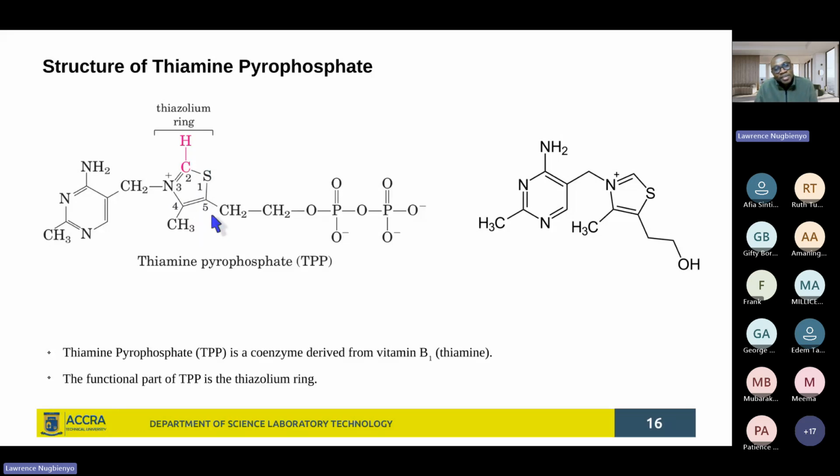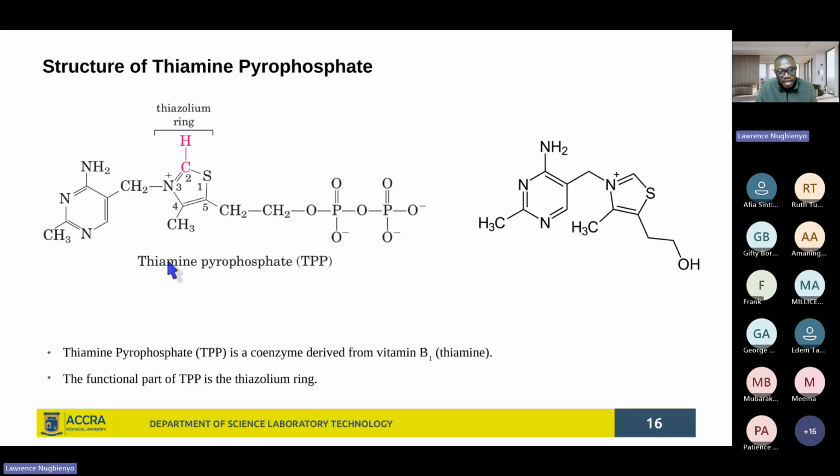And we see there's a carbon number 2, which is red, with a hydrogen on it. Now, the reason we have that red and hydrogen on it is because the thiazolium ring is referred to as the active part of this whole structure, the thiamine pyrophosphate.